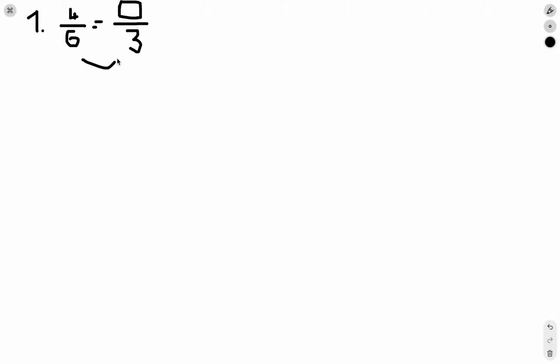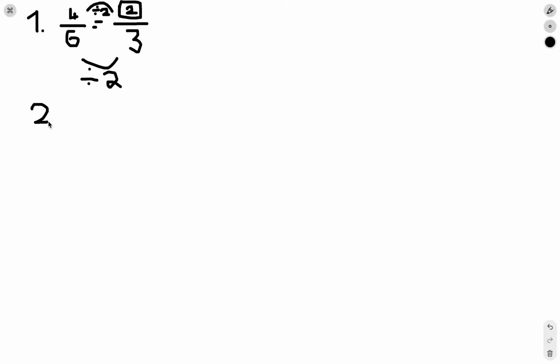So I have to divide it by 2 and divide it by 2. So 6 divided by 2 is 3. 4 divided by 2 is 2. So that's the answer for number 1.